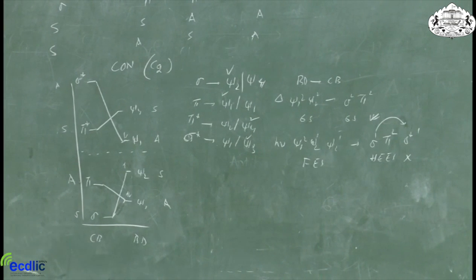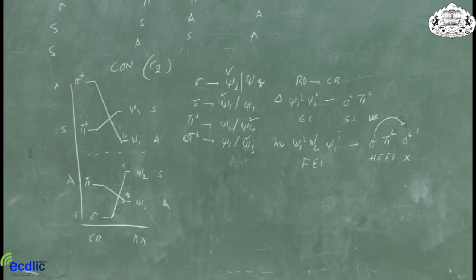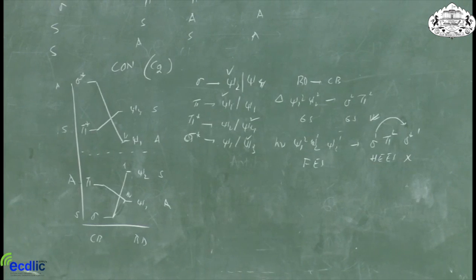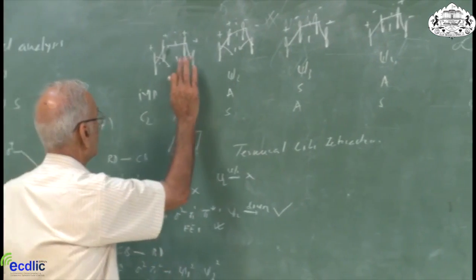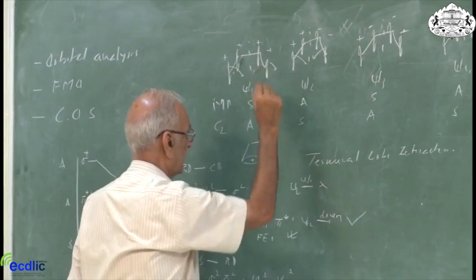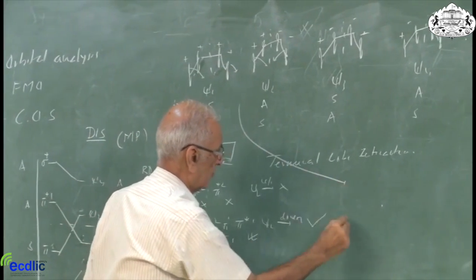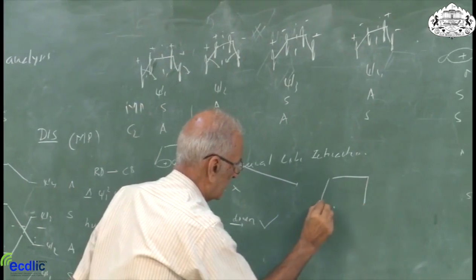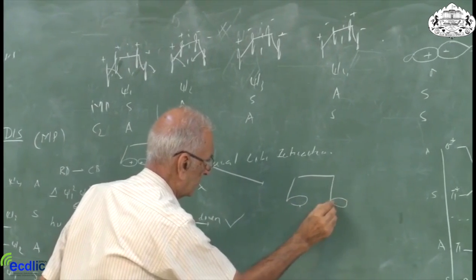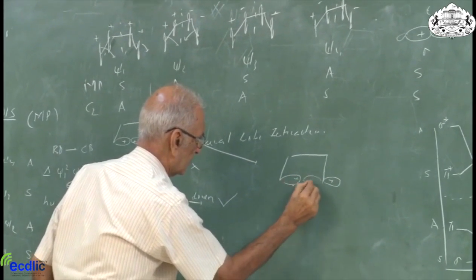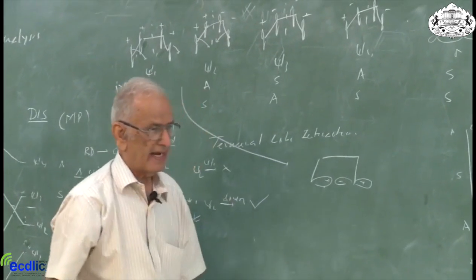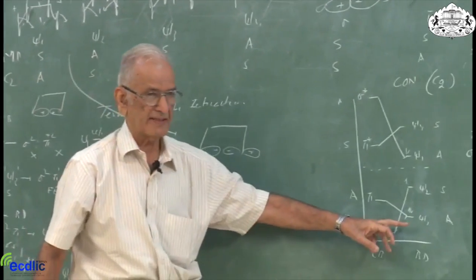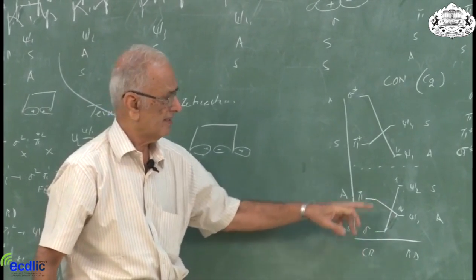Okay. Let us apply the principle of terminal lobe interaction. Now, we are going to make the process conrotatory. So, when I do this in my conrotatory process, plus will go here, plus will go here. So, this will be minus. So, psi 1 will give me anti-bonding, therefore, psi 1 goes up in energy.